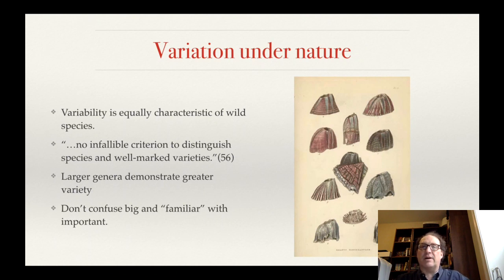And so a big part of what Darwin wants to do here is remind us not to confuse the big and the familiar with the important. Right? One way to think about this is, yes, mammals, fish, birds, right? Vertebrates of various kinds, right? And especially tetrapods, right?